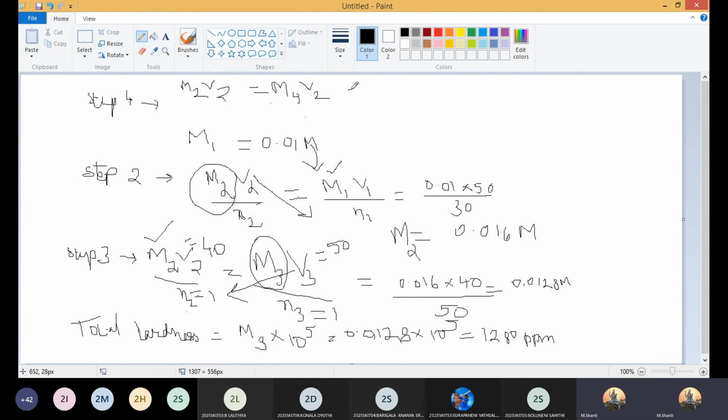M2 you know, that is 0.016, into V2, which is 30. We have to calculate M4. Sorry, this is not V2, this is V4. How much is V4? V4 is 50.